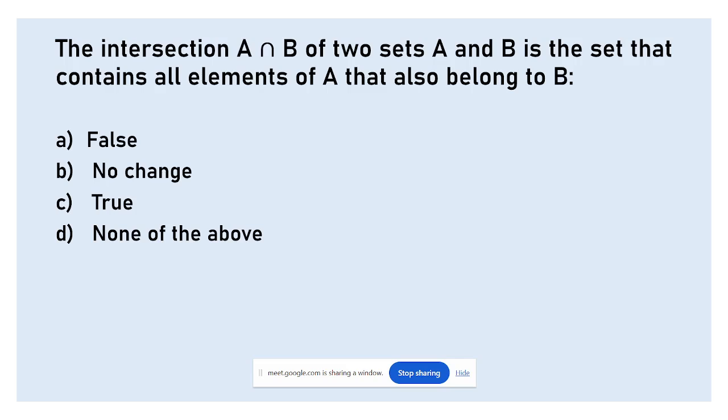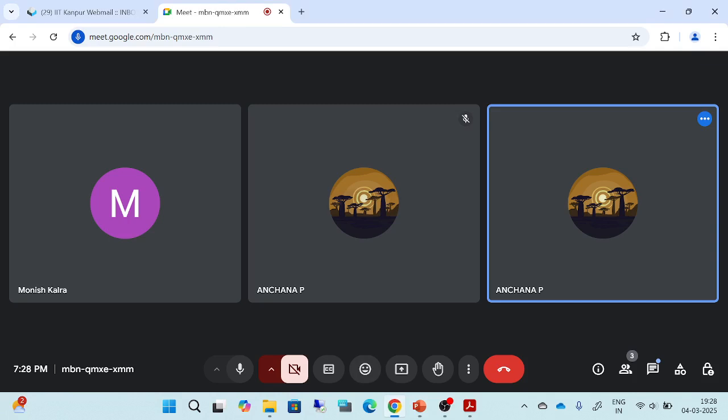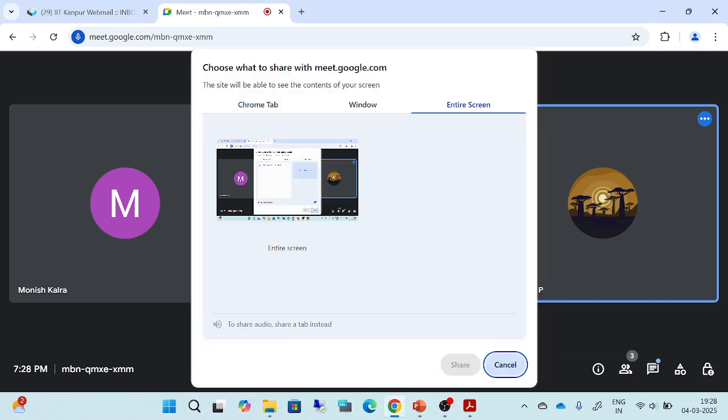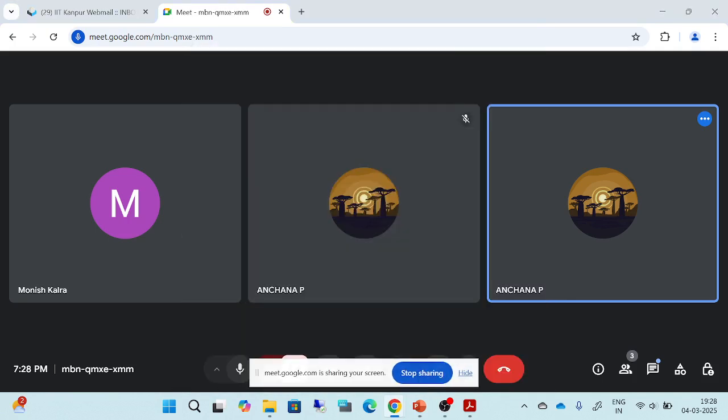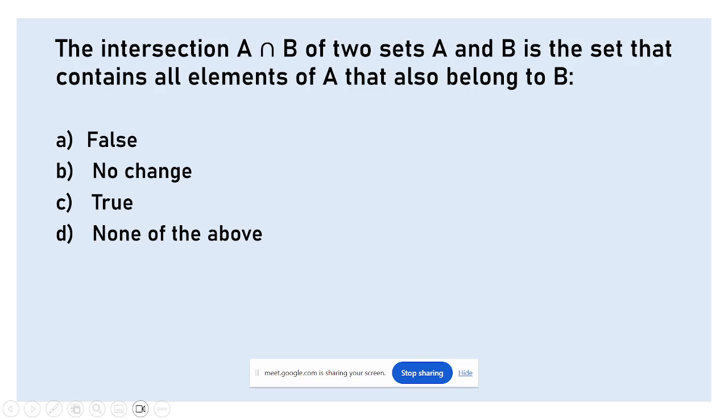One second, I'll share it once more. Now I think it will be visible. Yeah, so this is the statement.